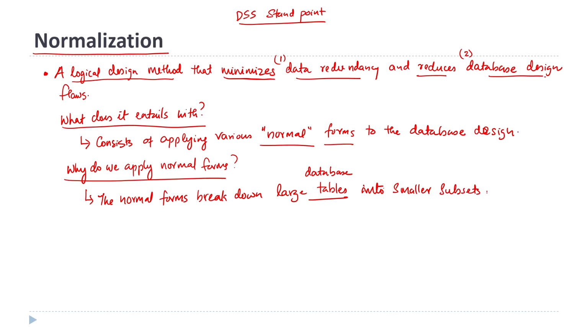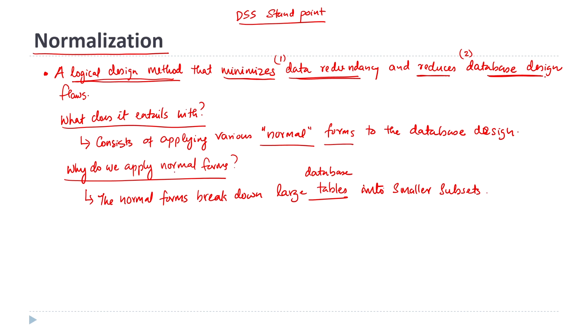As I said earlier, it is a logical design method with two aims. Number one is to minimize data redundancy, and number two is to reduce the database design flaws. Those are the two goals of normalization.